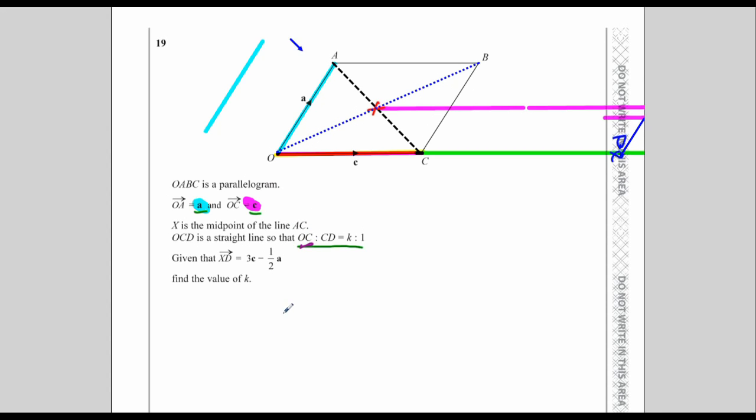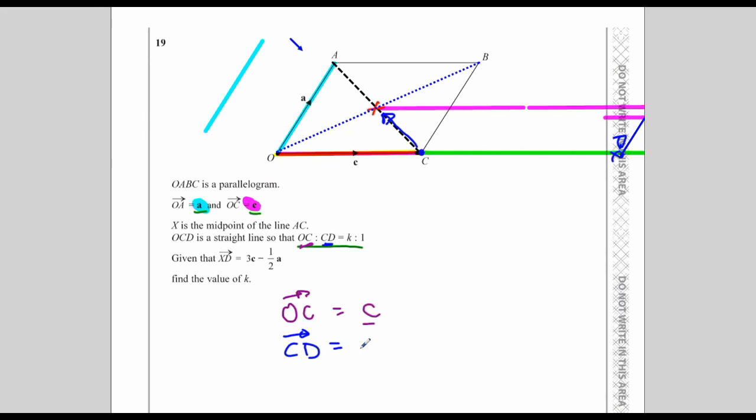Okay, so O to C is going to be what CD is. So C to D is from here to here. Now if we cheat and if we go to X first and then follow X to D, then that will get us there.